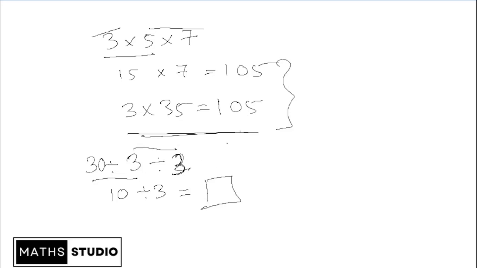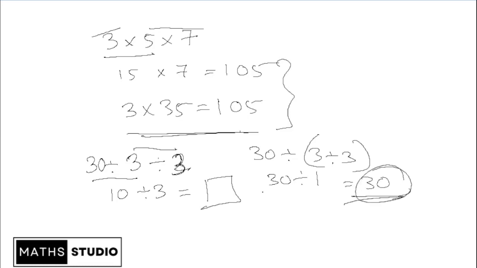Now let us look at another example. 30 divided by 3 divided by 3, so 30 divided by 1, which is 30 itself. So the answer will not be the same. So associative property is being followed by addition and multiplication, but not by subtraction and division. That is why we have the associative properties for addition and multiplication only in the book.